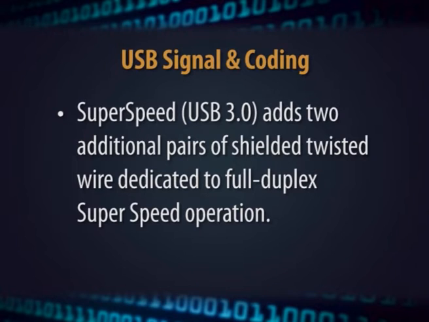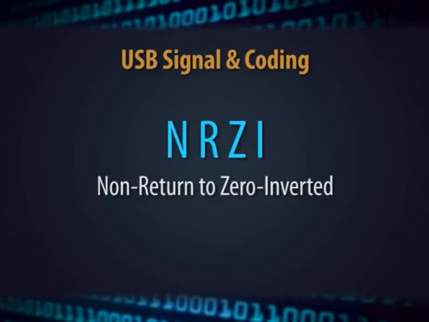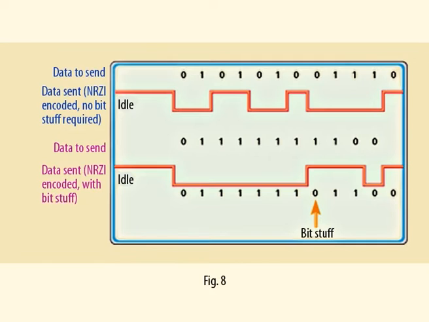USB system uses a combination of NRZI and bit stuffing technique to encode bits sent across the wire. NRZI means non-return to 0 inverted. Figure 8 shows data pattern and resulting NRZI coding.